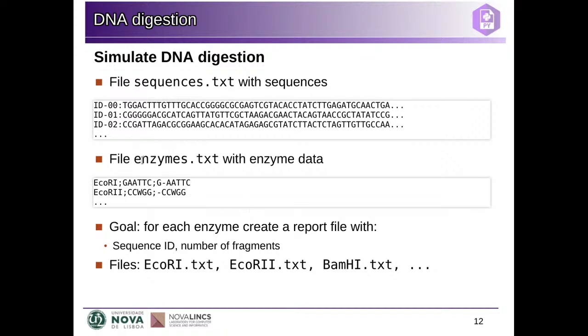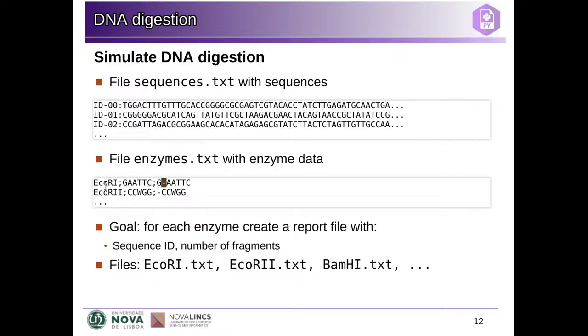Then we have this file enzymes that has the name of the restriction enzyme, the sequence of nucleotides that the restriction enzyme will recognize in a DNA sequence, and the same recognition site, but marked with the place where the enzyme will cut.